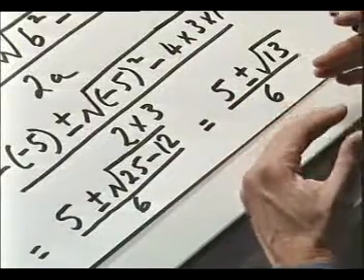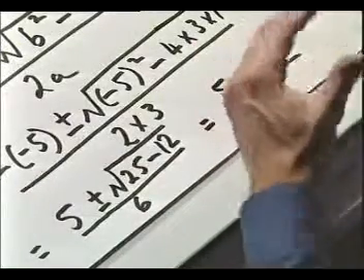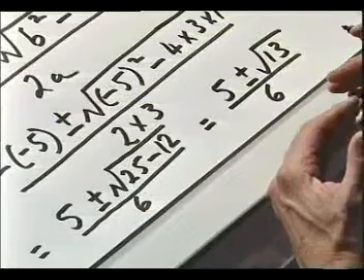And again, there are two exact answers there. 5 plus root 13 over 6, and 5 minus root 13 over 6. We can work out their approximate value by using a calculator and finding out what it tells us about root 13. But those are two exact answers if left in that form.